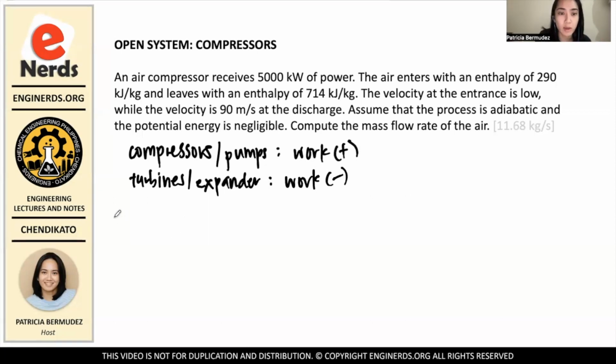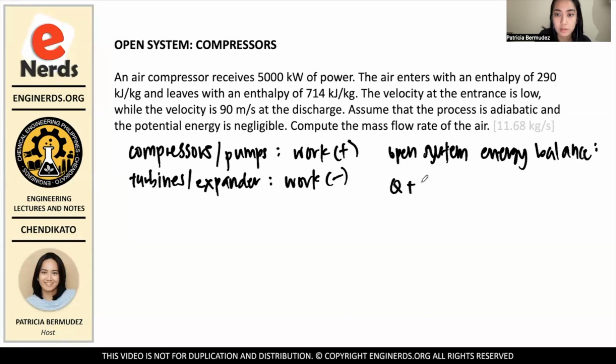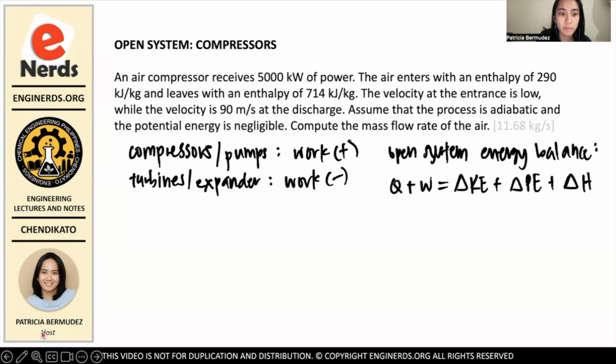For an open system, we have an open system energy balance. And here, it states that the heat plus the work in that device or in the system is equal to the change in kinetic energy plus the change in potential energy plus the change in enthalpy, which is delta H. And in this problem, it states that the process is adiabatic, so Q natin is 0.